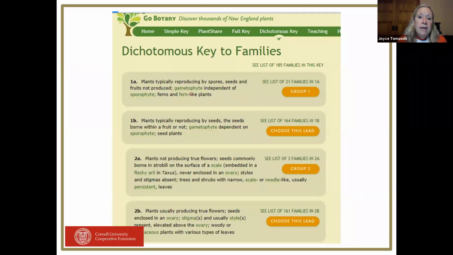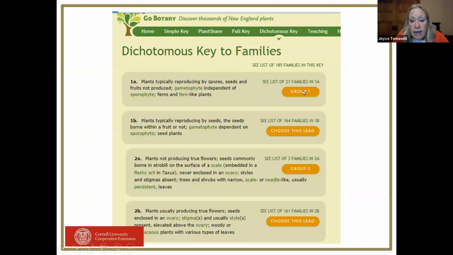So GoBotany is a website that has a lot of really good information about herbaceous perennials, especially natives, okay? And it's all of New England, so it's applicable to New York too. In this example here, the first one is: is this a plant that is usually reproducing by spores and it doesn't have seeds or fruits? And so that's going to be a fern.